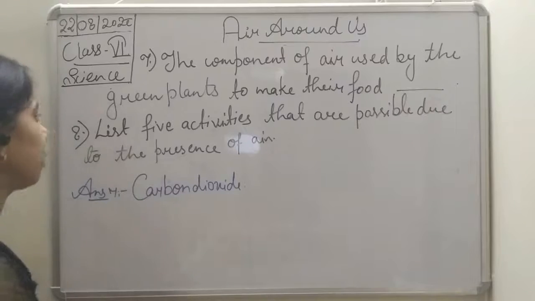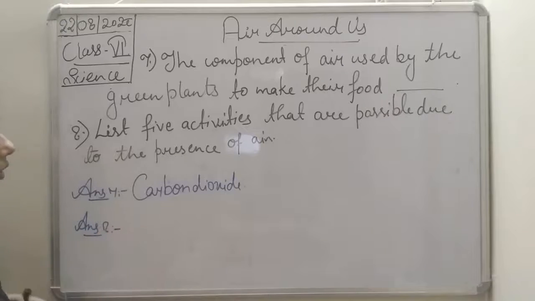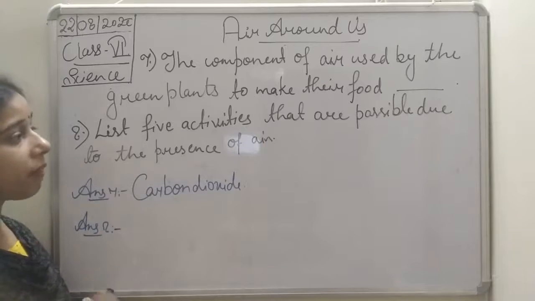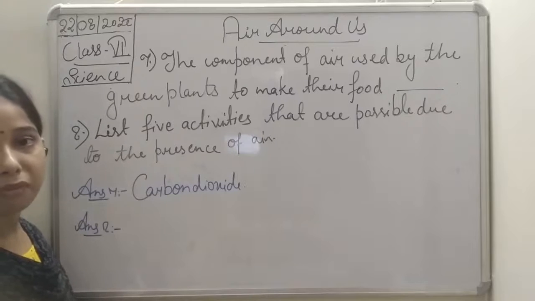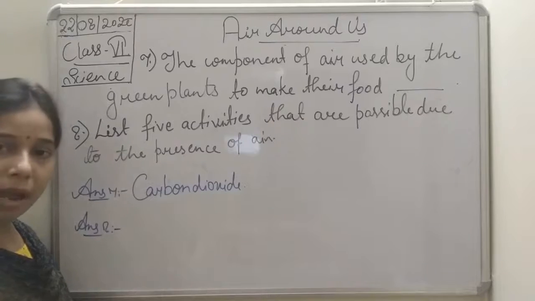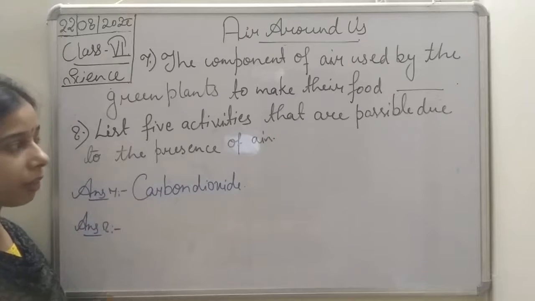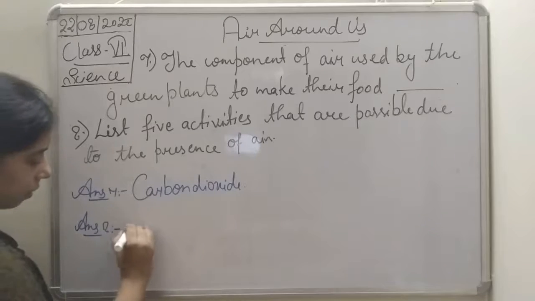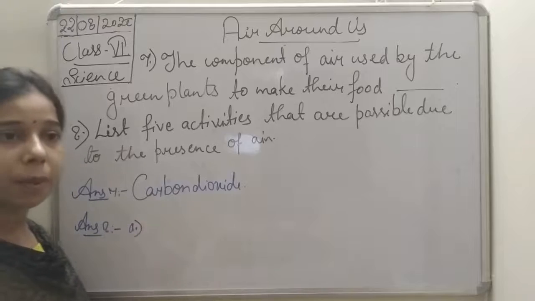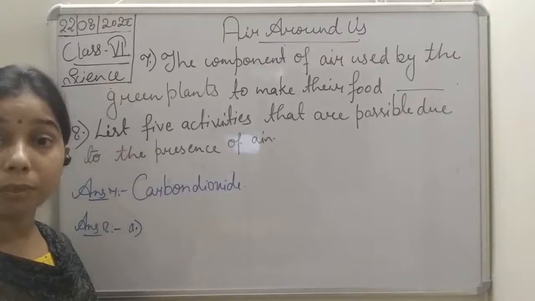Now if you see the next question, students, the next question says: list 5 activities that are possible due to the presence of air. We do a lot of activities, but we have to separate the 5 activities that are possible due to the presence of air. So first thing, because of the presence of air, which is a very important thing, we can breathe.